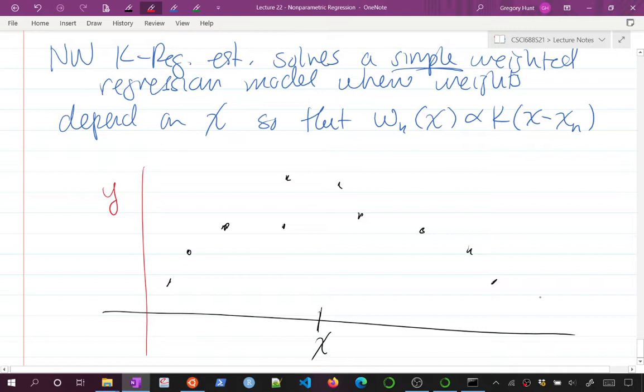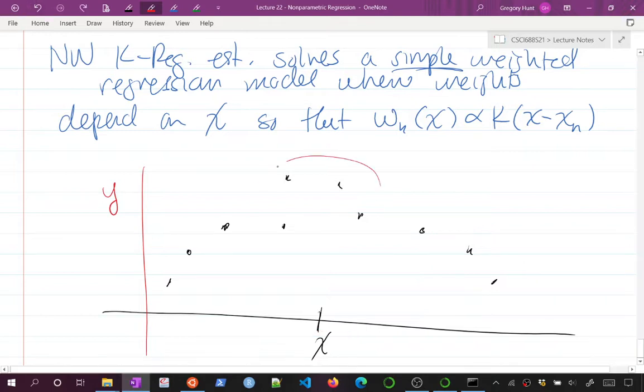I'm going to take an average of all the y's, but it is weighted towards the y's whose projection onto the x-axis is nearby. So it's not going to take into account these points out here very much, or these points here, because their x-coordinate is far from my x.